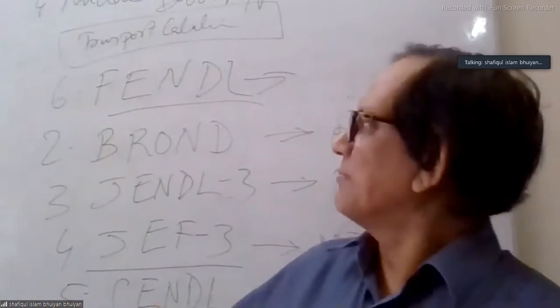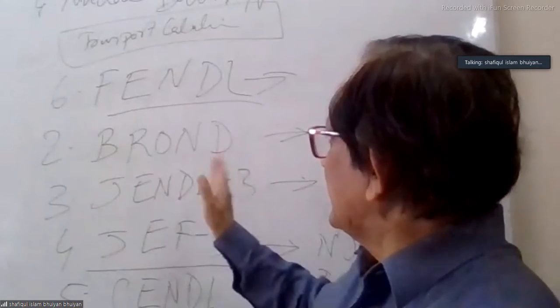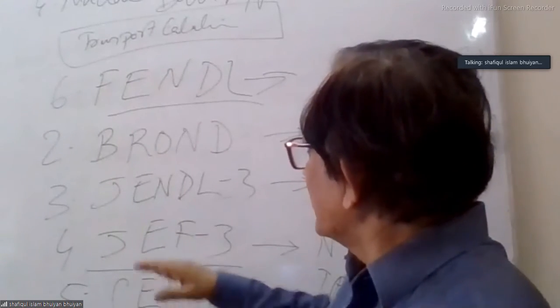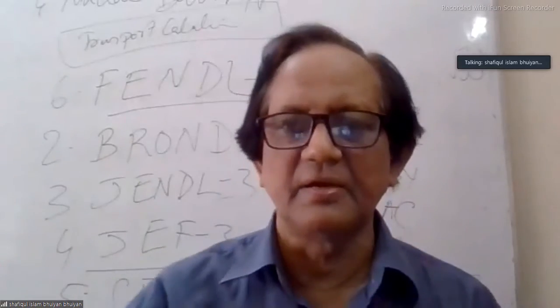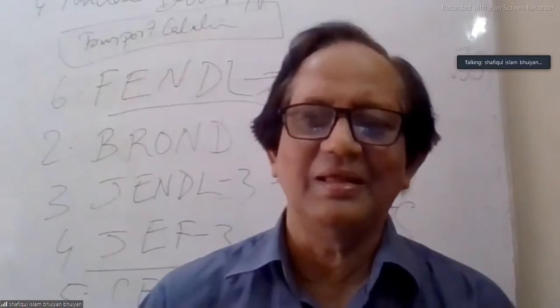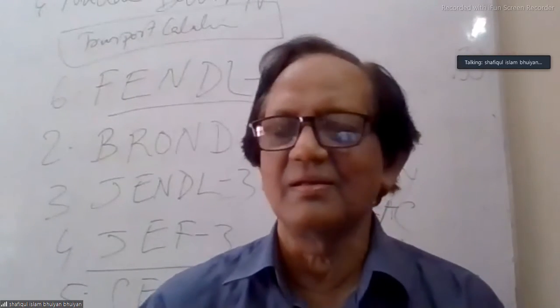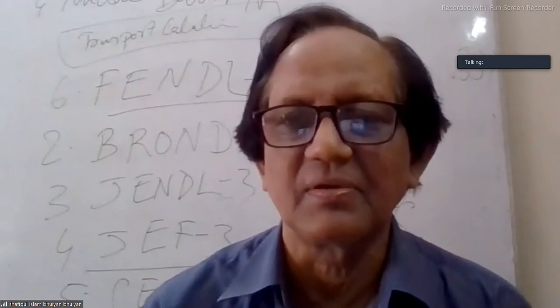Currently in Bangladesh, we have the ENDF library, we have JEF, we have JENDL. All these are in working condition in Savar, in my laboratory, in the division of physics and engineering of nuclear reactors.